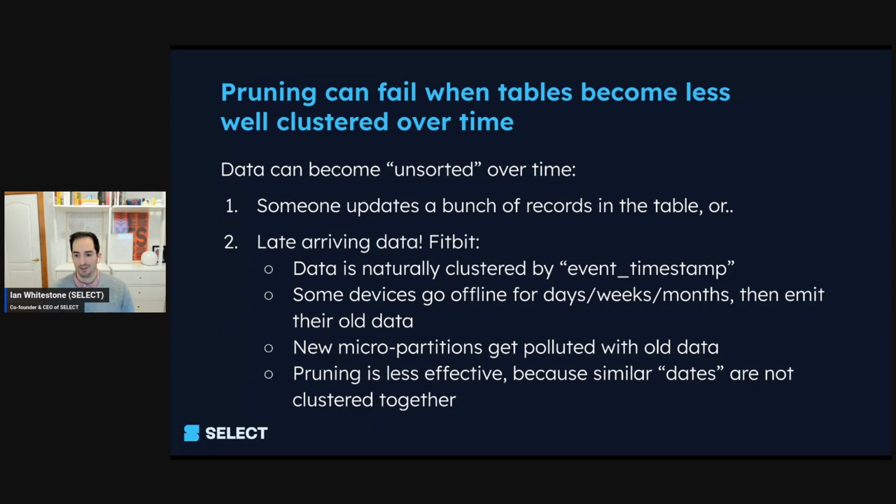If people have heard of a company called Fitbit or Whoop, these wearable devices that people use to track health metrics, something that's very common is your device goes offline because your battery died, or maybe you choose to stop wearing it for months at a time, and then you turn it on again. When that device comes back online, it's going to emit all those records to their cloud and then load it into Snowflake.